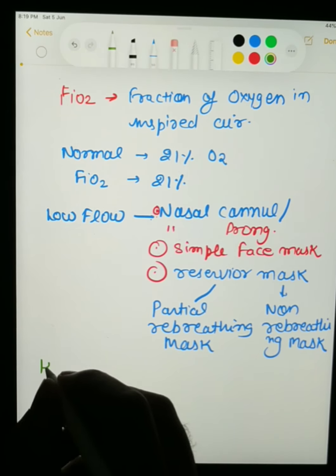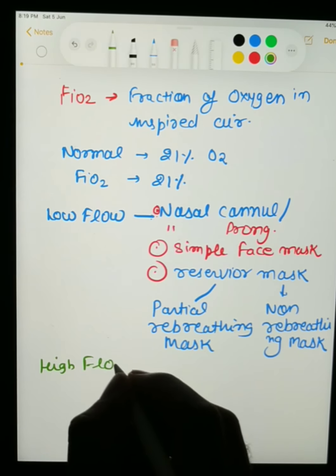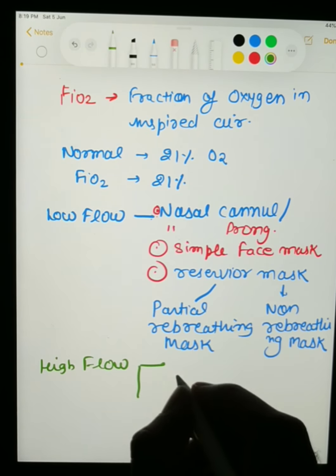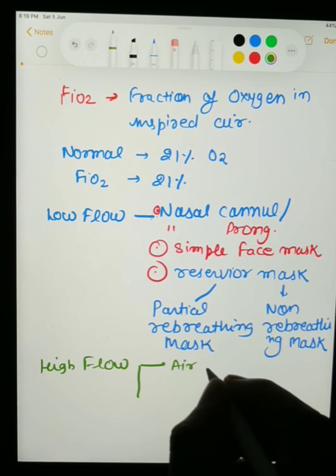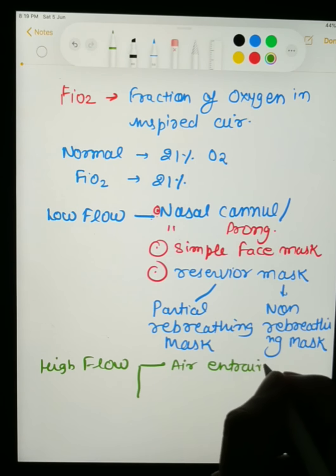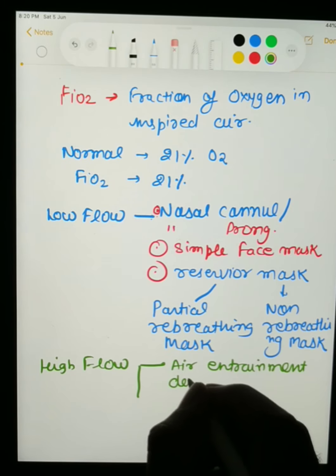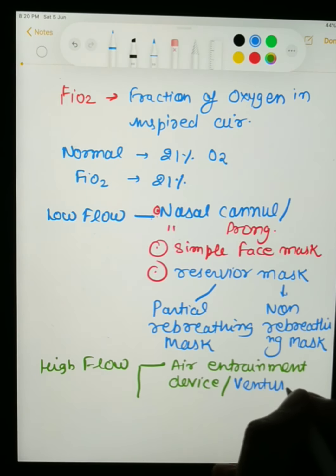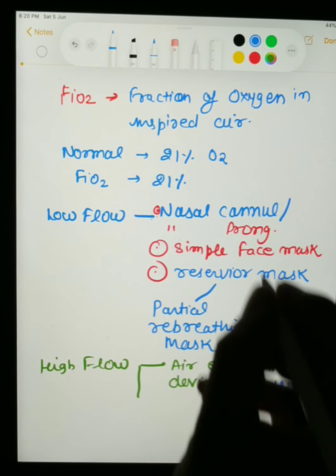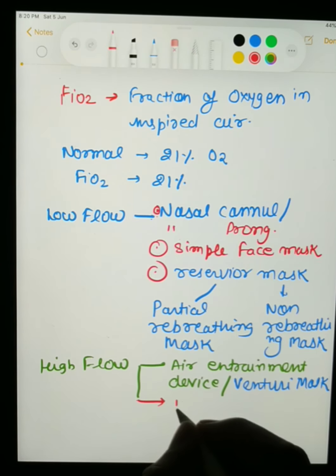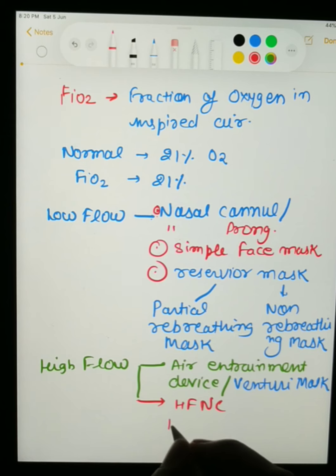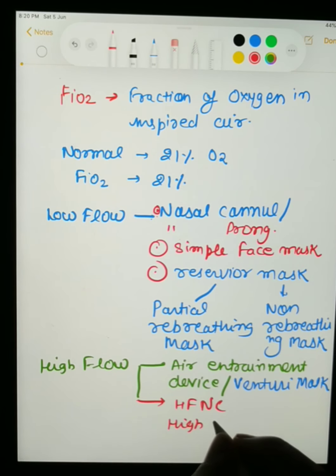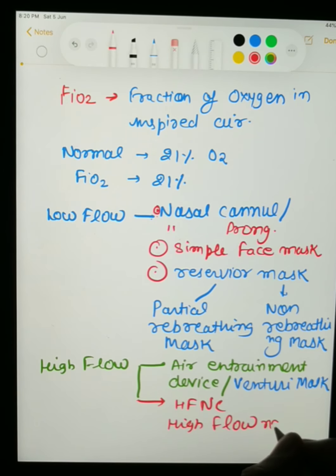The high flow system consists of air entrainment device, which is also called as Venturi mask, and high flow nasal cannula, HFNC.